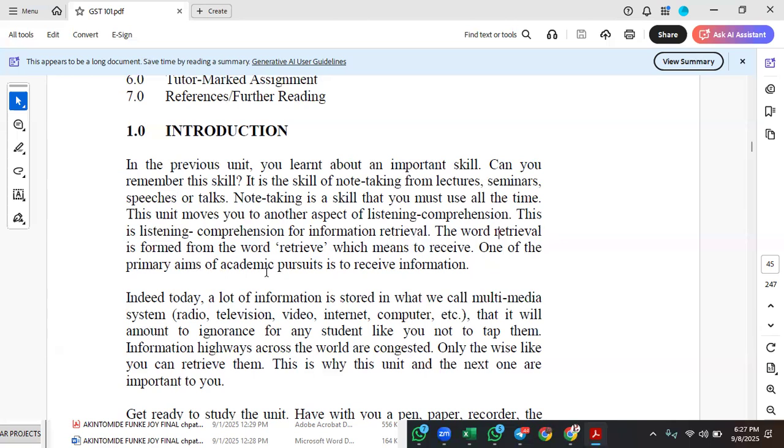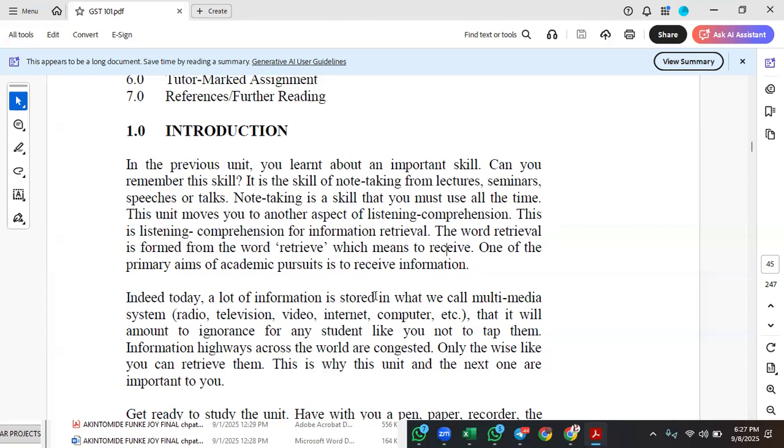One of the primary aims of academic pursuit is to receive information. That's another important word here. One of the primary aims of academic pursuit is dash, to receive information. And the meaning of retrieval is to receive, and it was gotten from the word retrieve.